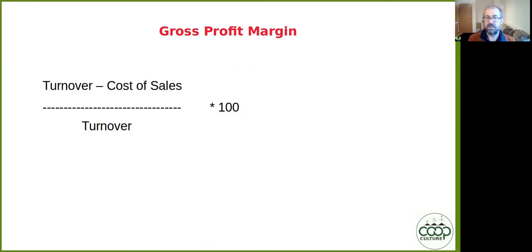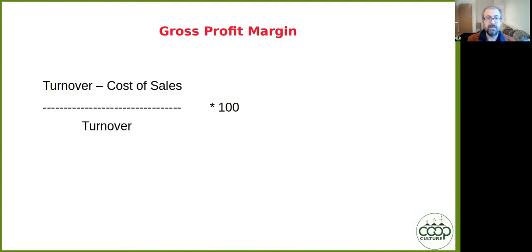So it's the ratio between our gross profit and our turnover that's important. And we then times that by 100 to turn it into a percentage, because otherwise we'll be saying things like a cooperative bakery has a 0.8 gross profit margin, which lots of people find difficult to understand. So if you times it by 100, then you get 80%. So that's how you calculate your gross profit margin.